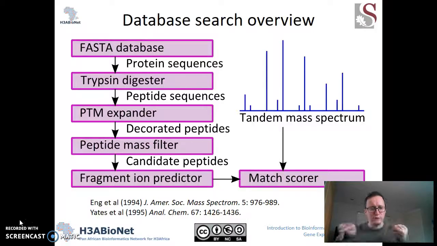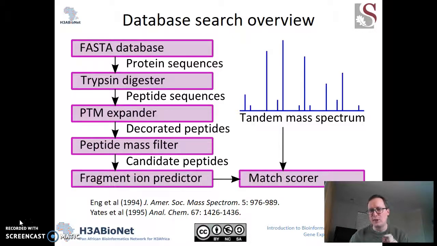That's going to create a little fork in the set of peptides that we have to consider. So that decorates the peptides from this organism, allowing us to consider every possible combination of modified and unmodified for the specified post-translational modifications, not for all possible ones. That would be far too big.